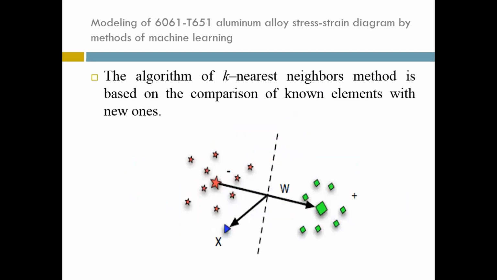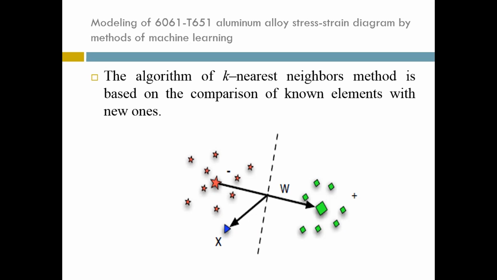So let's move to the first algorithm, K-nearest neighbors. The basic idea is that the new object to predict belongs to the class that is most common among its K-nearest neighbors.